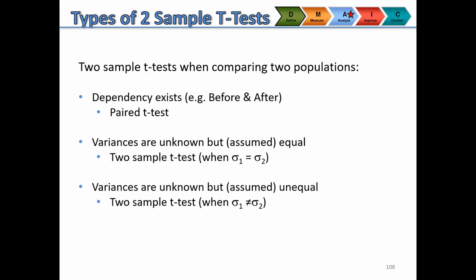And the 2 sample t-test is comparing 2 populations. Maybe it might be before and after a treatment, but using the same population twice, for example. Variances are unknown but assumed equal, or variances are unknown but assumed unequal.